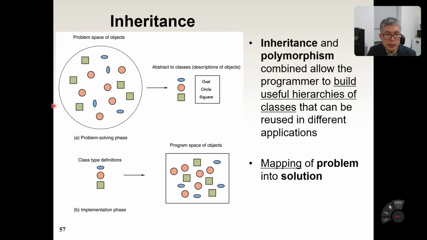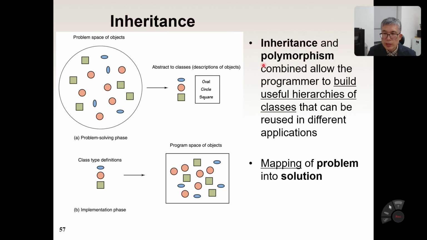On the left-hand side is the problem space object, and then we abstract to classes. So here are the descriptions of the object, the implementation, class type definition, and they belong to the problem space of the object.